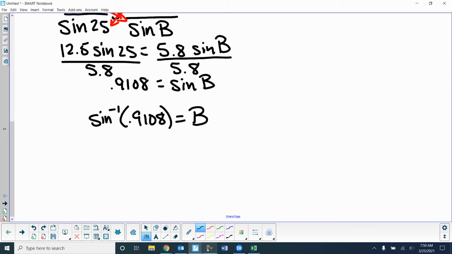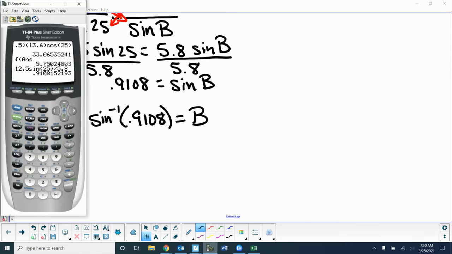That'll be what angle B is. So what we do on our calculator is second sine, the inverse, second answer, so I don't have to type it all in. I get 65.6 to the nearest tenth.